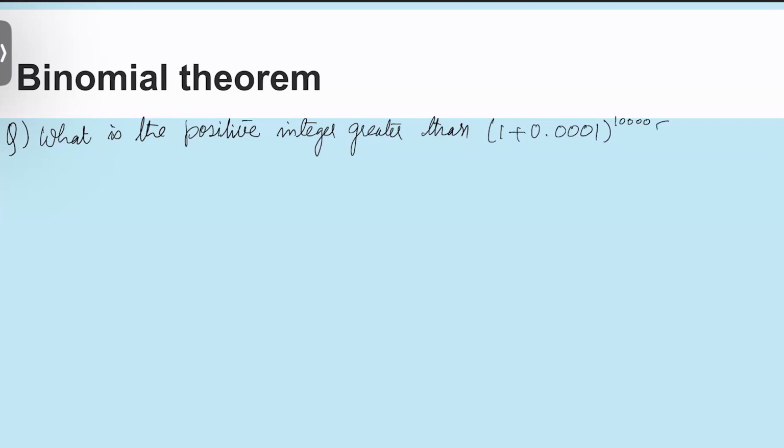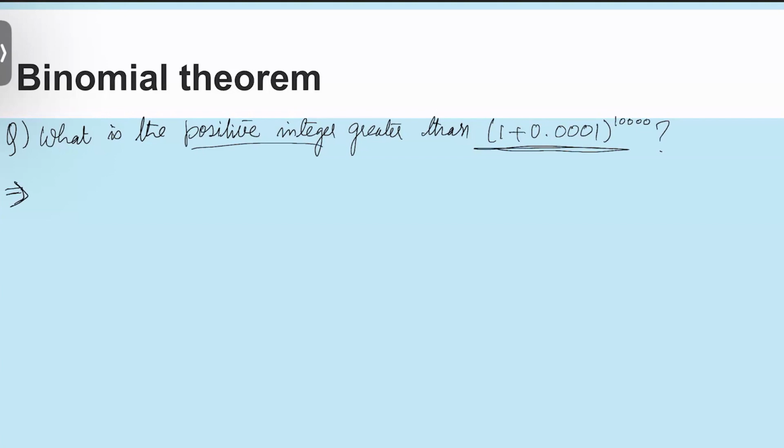So we have to find the positive integer which would be greater than this evaluated expression. Now we can write the expansion in a different form.